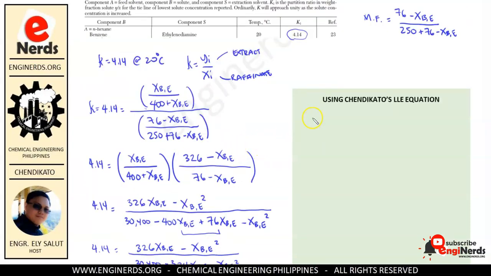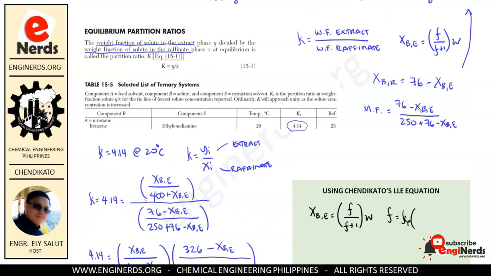Ang formula lang naman natin is XBE is equal to F over F plus 1 times W. Wherein yung F natin dito is based from partition ratio. So we have K na our partition ratio, and based from the partition ratio, this is from extract over raffinate.